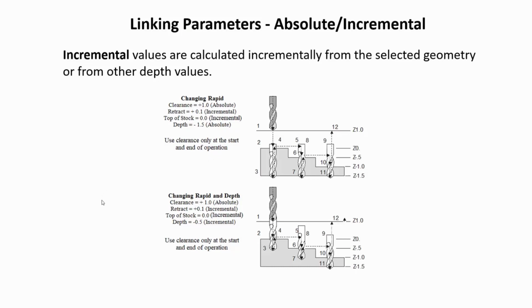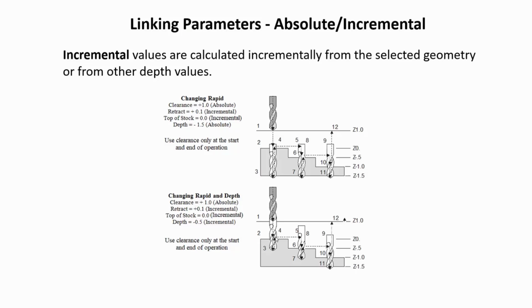In the second example, what is different is that we set the depth to minus 0.5 and incremental. You can see again the tool rapids to the clearance, and then it rapids down to the retract level, which is set to 100 thou incremental, and then we'll feed in just half an inch.